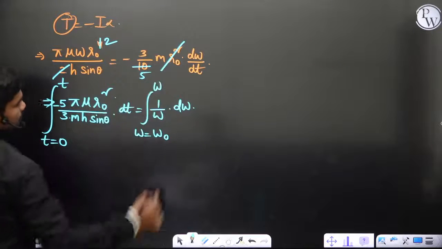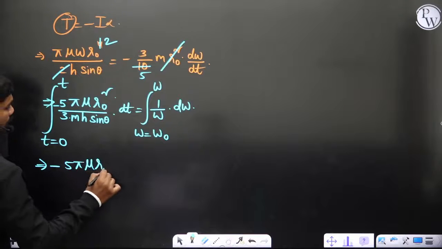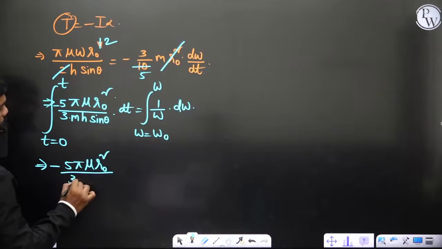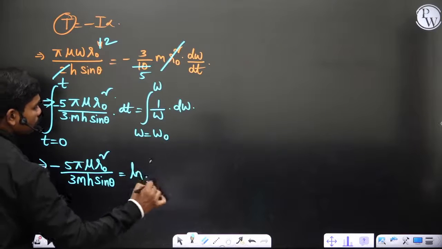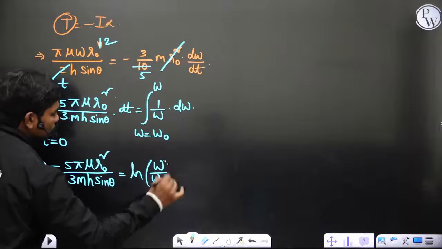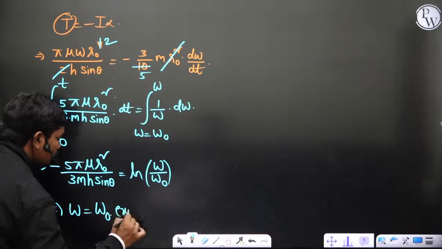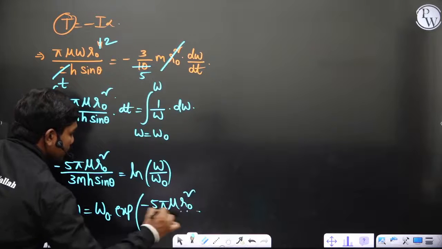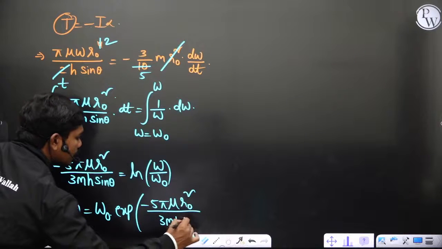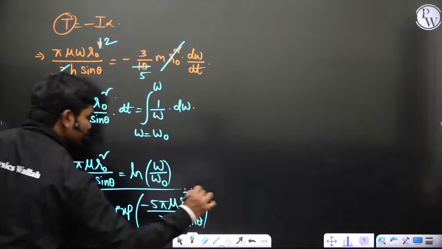At time t, if this is omega, then clearly you can see minus 5 pi mu r naught square by 3 m h sin theta is equal to ln omega by omega naught. So omega is obviously equal to omega naught into exponential of minus 5 pi mu r naught square by 3 m h sin theta. That's it. So this is the expression for the angular velocity of the cone with time t.